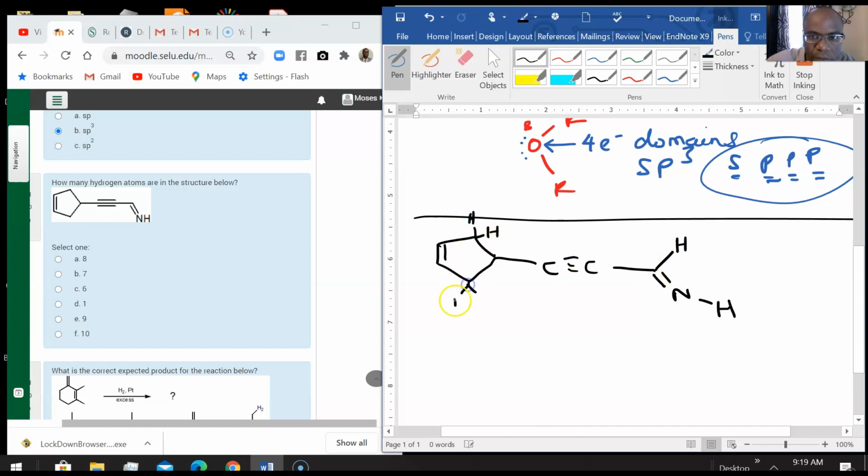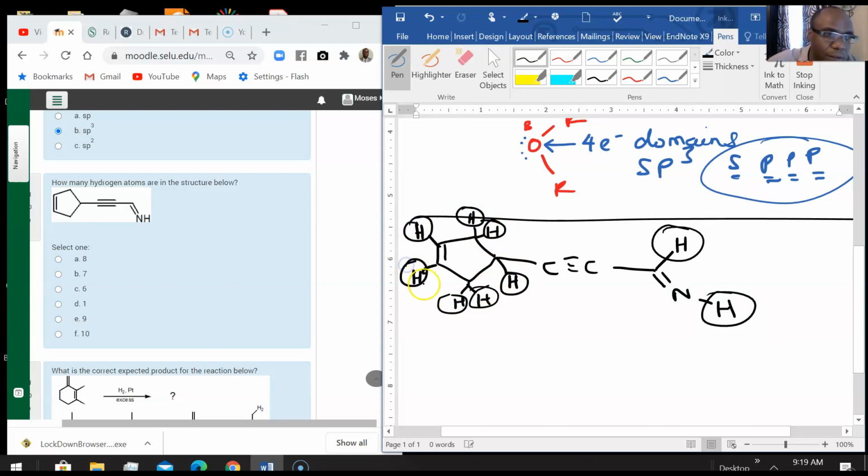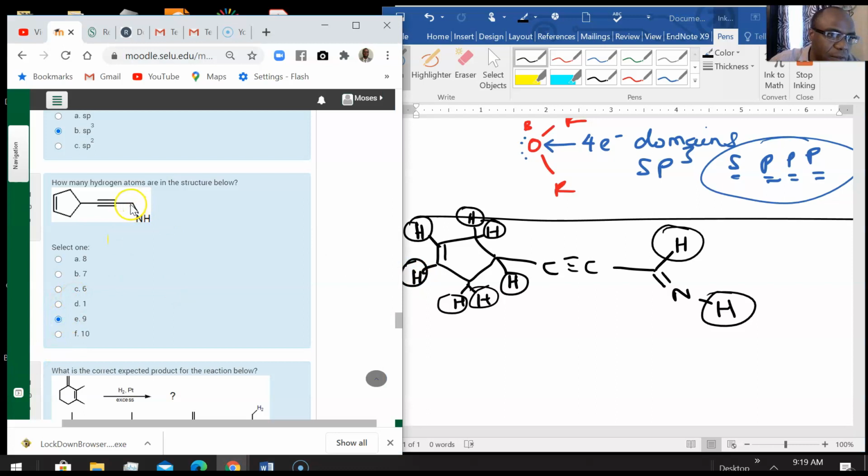You need 4 bonds here. There are 2 hydrogens. You need 4 bonds here. There's 1 hydrogen implied. You need to show 1 here. Count them: 1, 2, 3, 4, 5, 6, 7, 8, 9. So there are 9 hydrogens on this structure. 1, 2, 3, 3 plus 4 is 7, 8, 9.